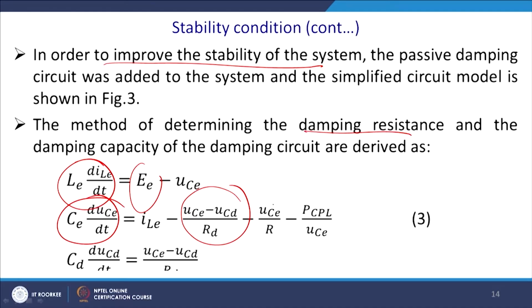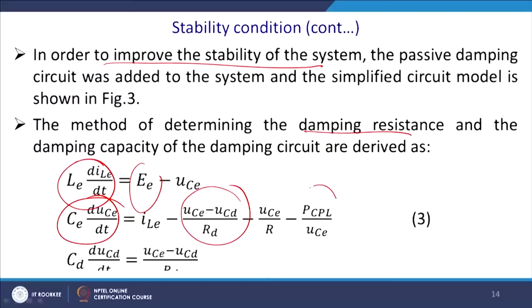Since it is high frequency, we assume that the capacitor C2 is shorted. They are at Uc by R minus CPL by this capacitor voltage. Ultimately, what you have is Cd dUcd/dt equal to (Uc minus Ucd) by Rd.